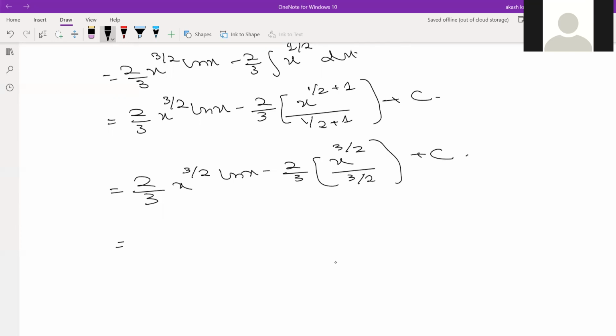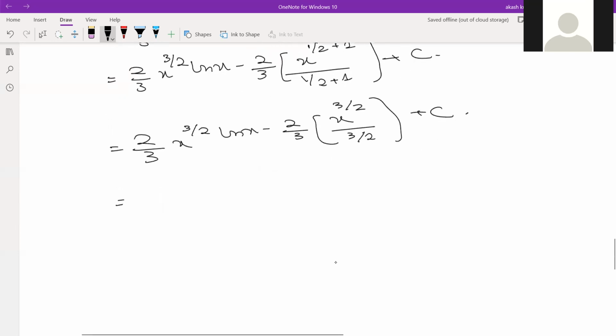So it will become 2 by 3 x to the 3 by 2 ln x minus 2 by 3. Can I take the 3 by 2 in the denominator to the numerator side?